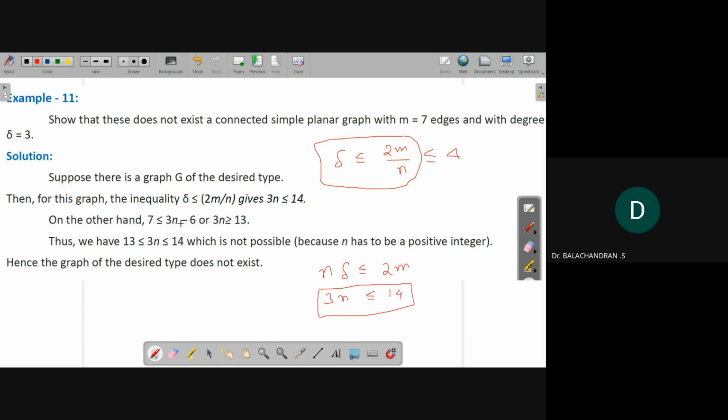Next, suppose there is a G of the desired type.